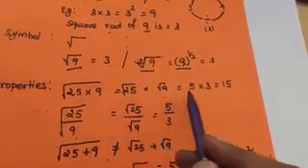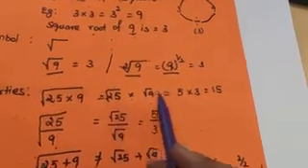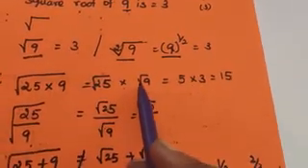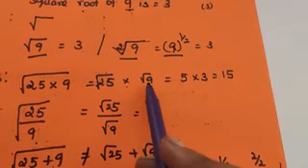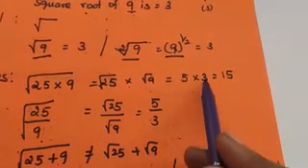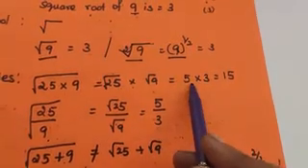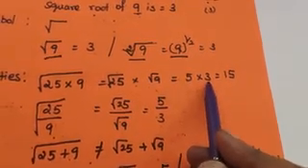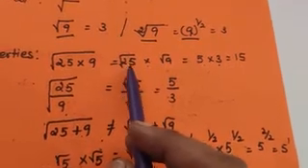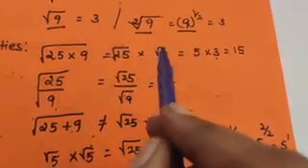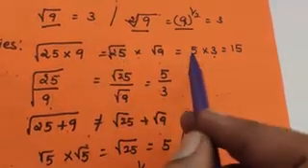So root 25, you know that 5 into 5 is 25, so it is 5, and 9 can be written as 3 into 3, so it becomes 3. So 5 into 3 is equal to 15. So root 25 value is 5 and root 9 value is 3. This we have already learned. 5 into 5 is 25, so the square root of 25 is 5.